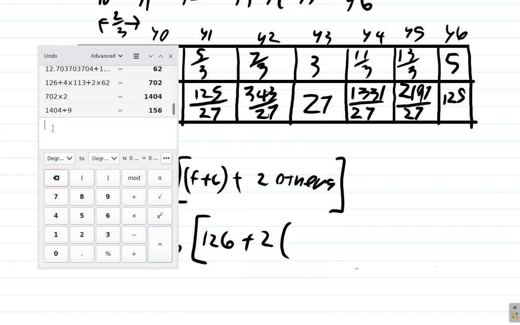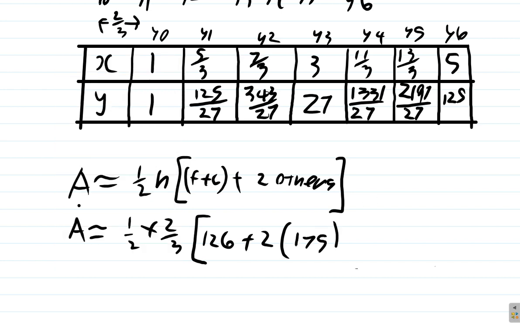So what we have is 125 over 27 plus 343 over 27 plus 27 plus 1331 over 27 plus 2197 over 27 equals 175.